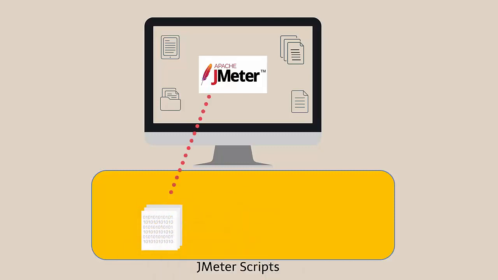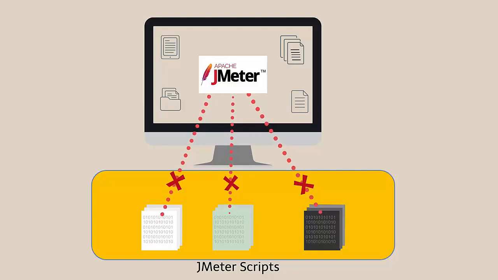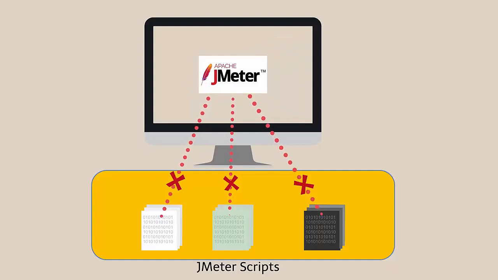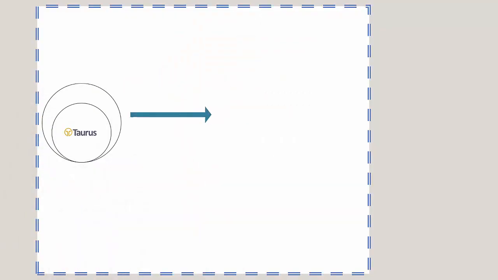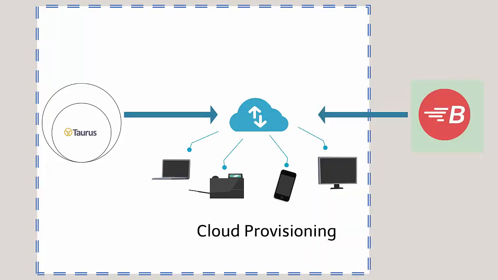Running JMeter scripts from your local system is not a scalable option because you are limited to use the resources available on your local computer. However, Taurus provides you an option of cloud provisioning by using BlazeMeter.